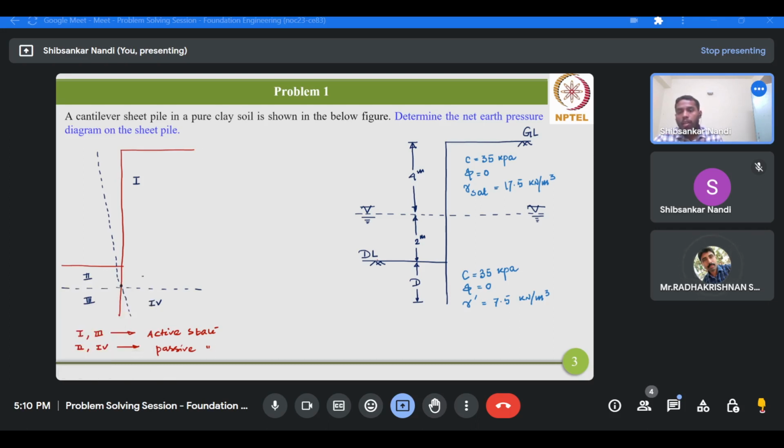Now we can conclude from this deflected shape of the wall that above the dredge level, in region 1, whatever may be the earth pressure, obviously under active condition, that will be the net earth pressure in that region.